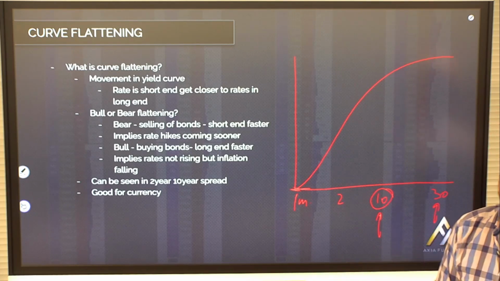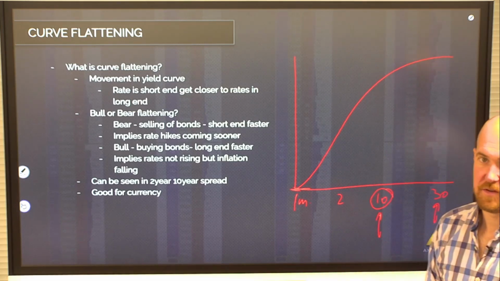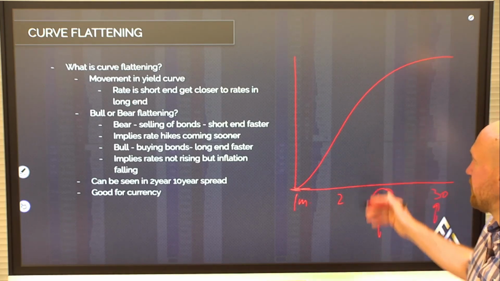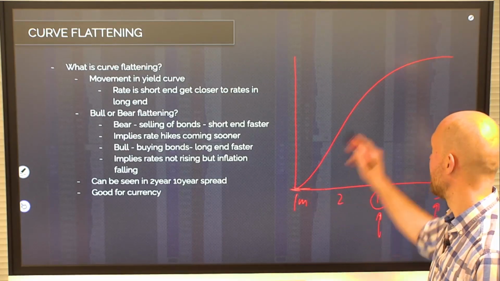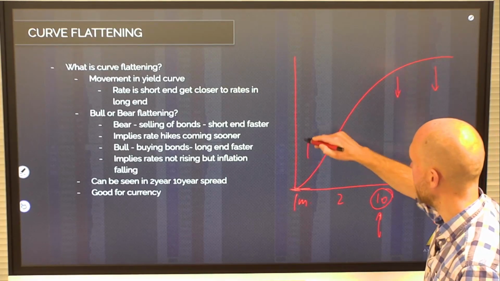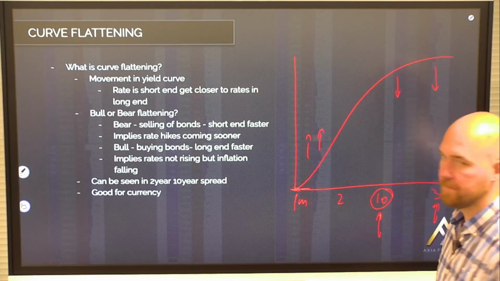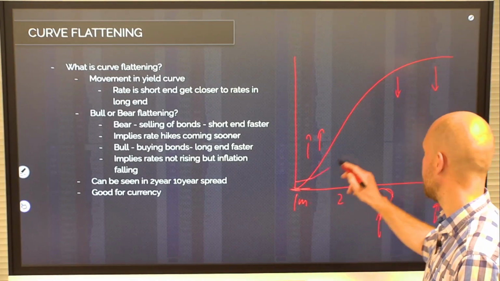Now what's happened since the Fed is this has flattened. So I think most people, basic idea of drawing, can understand that a curve that flattens has effectively moved down here, or moved up here, or both. What we've in fact had is a curve that has done this.